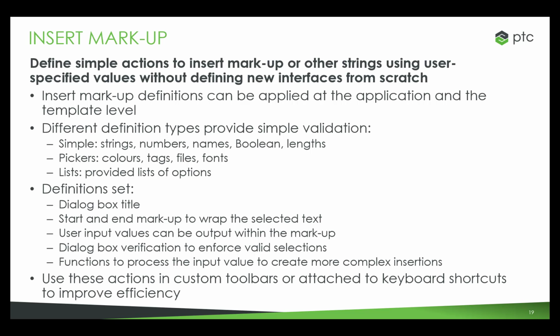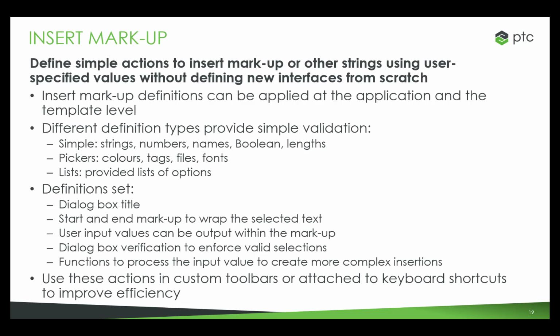Some of them can be really simple, things like numbers or strings, or a boolean, for example, but you can also have file pickers, tag pickers, that kind of thing, or you can predefine a list of selectable options which go in there. The definitions that you create are called by a macro or a FOM method.